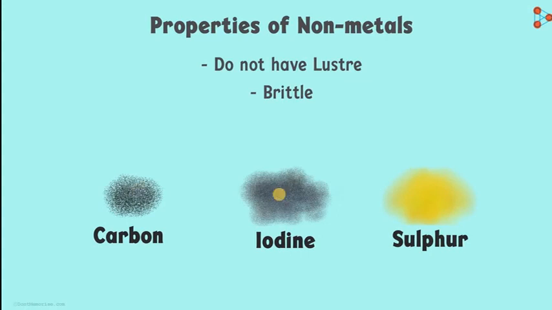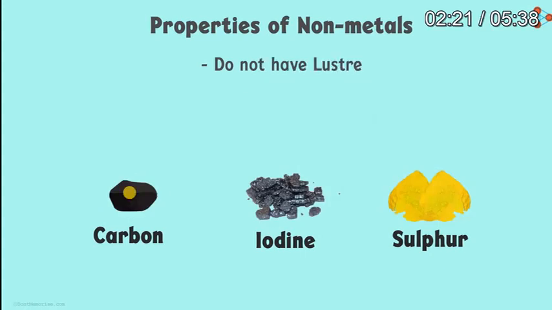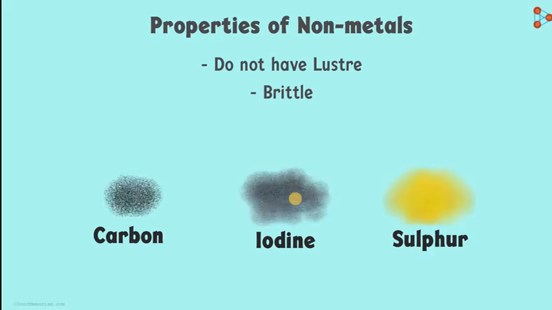I hope you can see the difference here; these are just simulations, animations. Carbon solid, iodine solid, sulfur, that's almost sulfur if it was like a clump. But if you hit it with a hammer, because it's brittle, it will crush it, and it will turn into a powder.